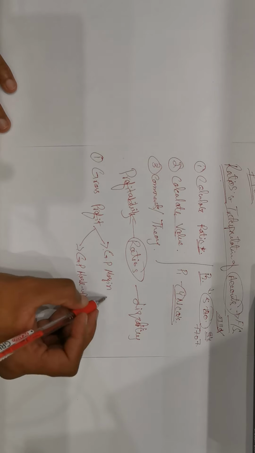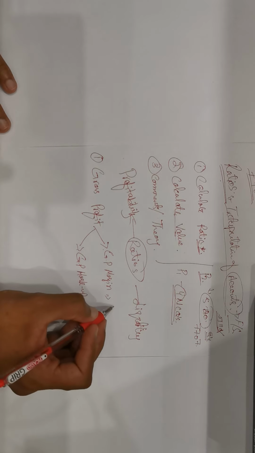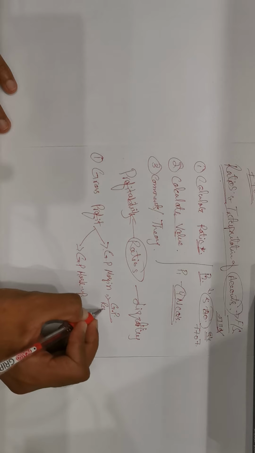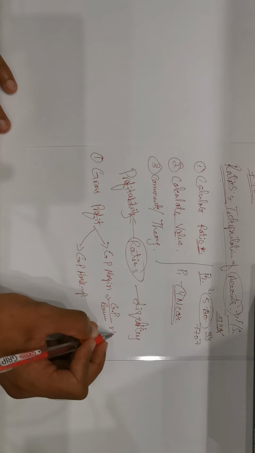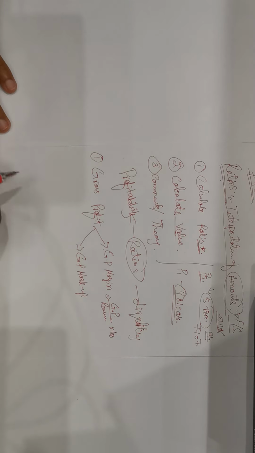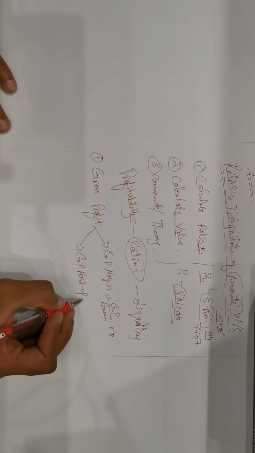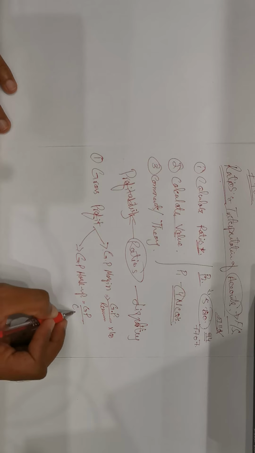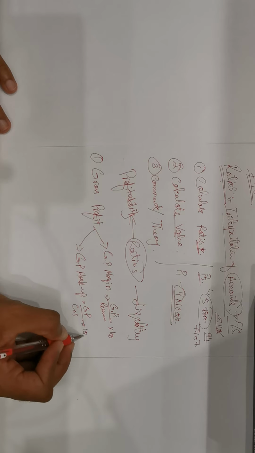Now, what is the formula for margin? The formula for margin is gross profit over revenue into 100, and the answer is always in percentage. And what is the formula for GP markup? It is gross profit over cost of sales into 100.